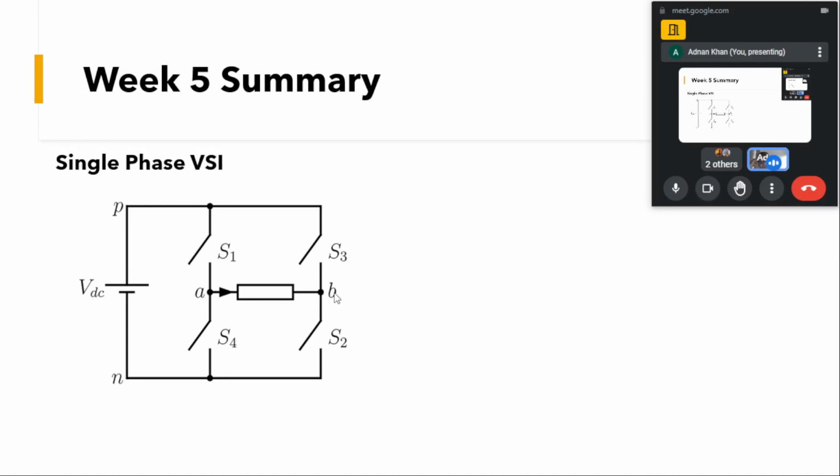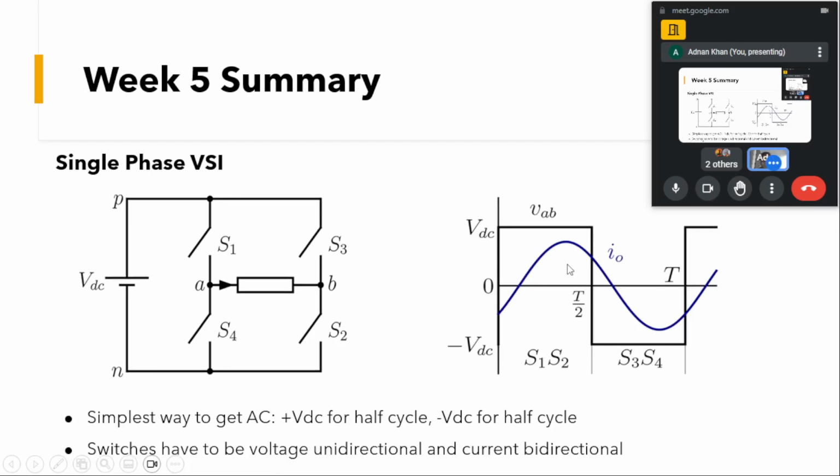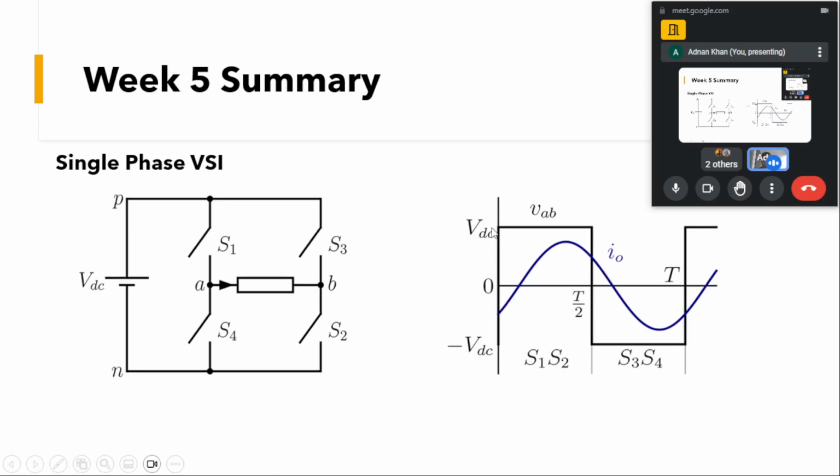If we know VAN and VBN, we can get the VAB voltage. You might have seen how the derivation is done during the course lectures. Now we will see how these voltages get generated.